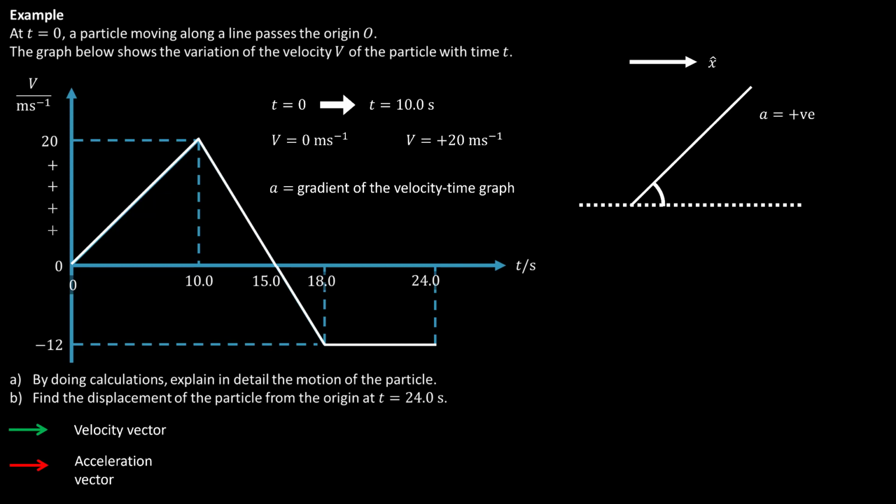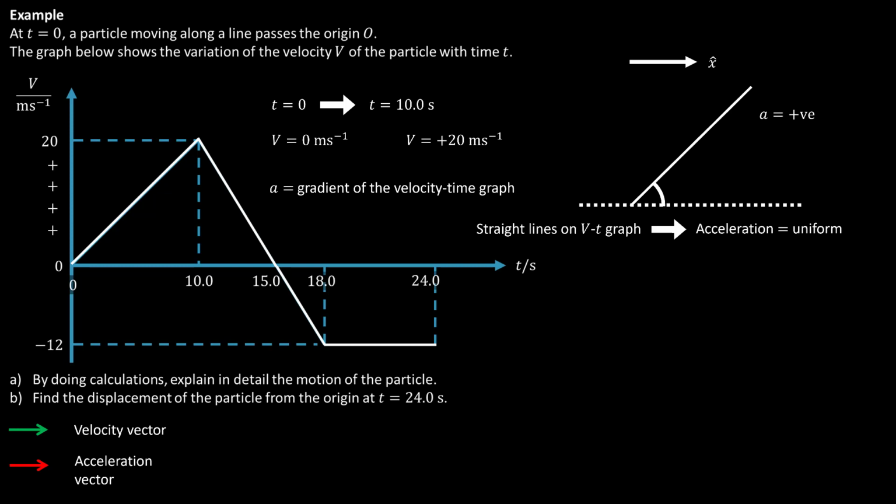And since the velocity time graph is a straight line over this time interval of the motion, it means the acceleration is uniform over this time interval. So remember this, whenever we see straight lines on a VT graph, we conclude that the acceleration is constant.